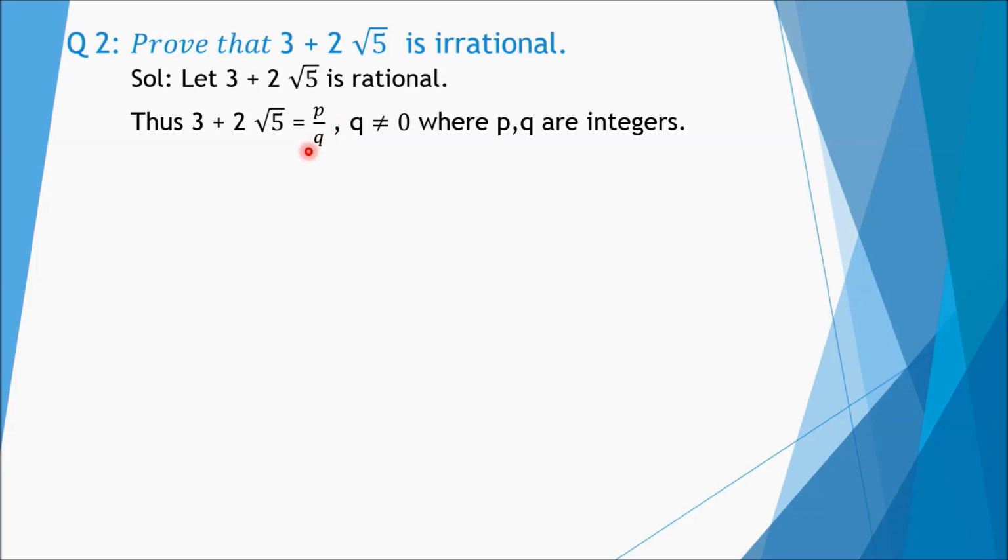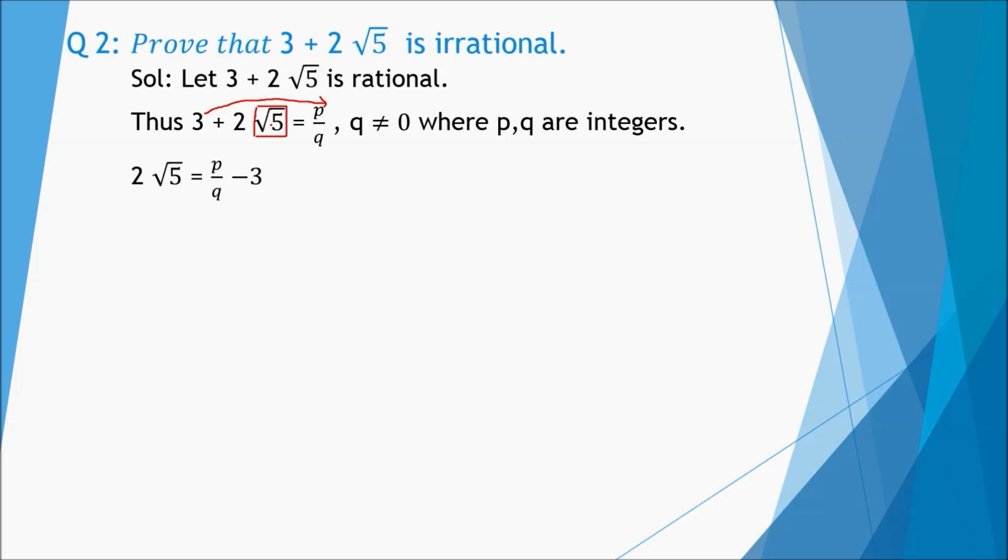Now this 2 square root of 5, now we will shift this 3 toward this side. What we have to do here is, we have to separate this square root term from others. We have to calculate the value of this square root term.